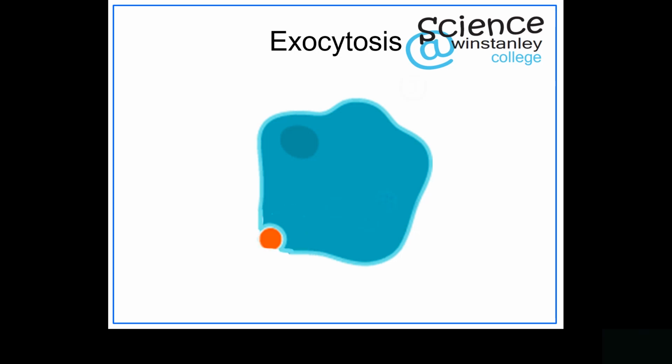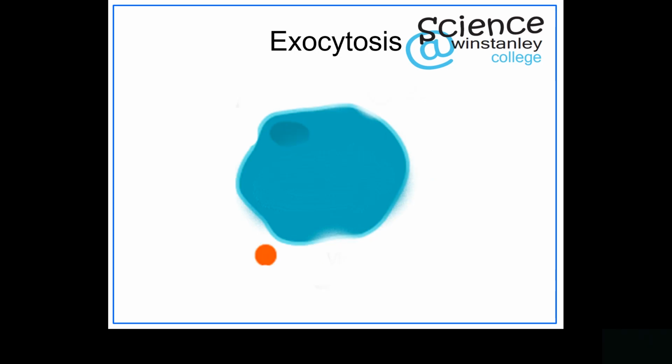And as it moves there, it'll become part of that membrane. It'll first of all fuse. Because they're both made of phospholipids, they can intermingle and join up. And then it'll become part of that cell, meaning that the contents is in a way flicked out. Don't write that, but think of it as flicking out the contents of that vesicle.